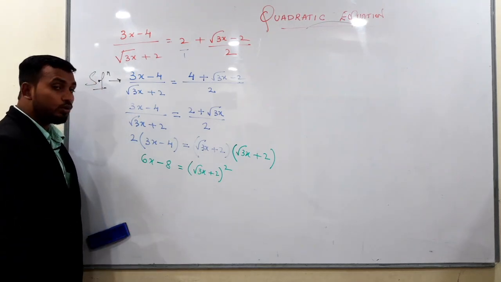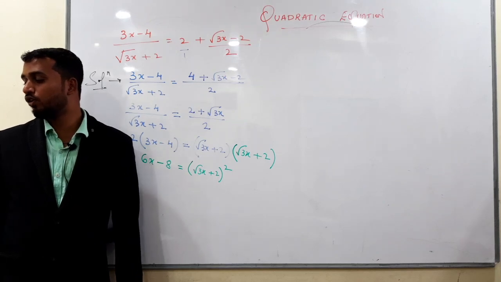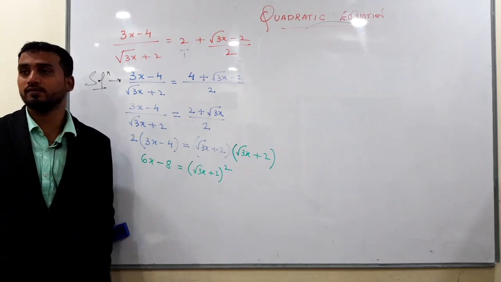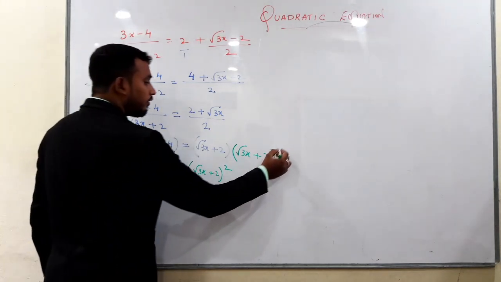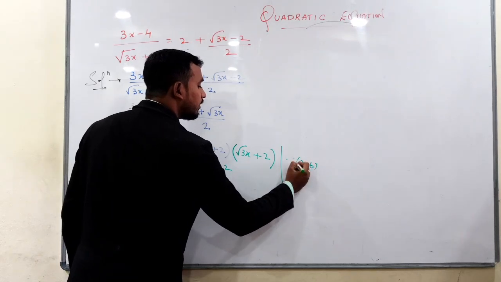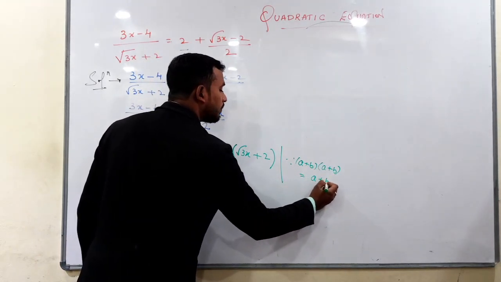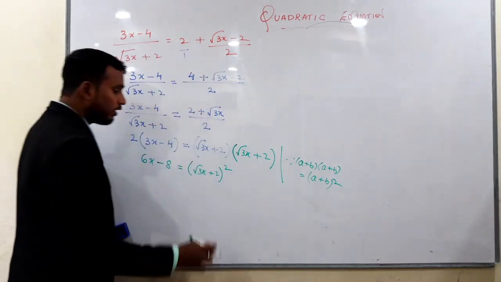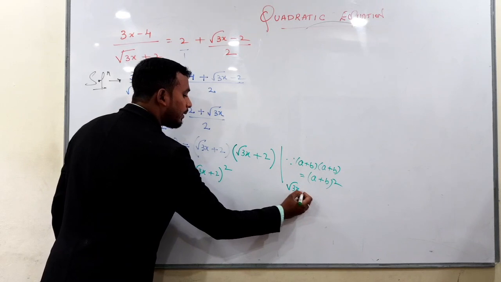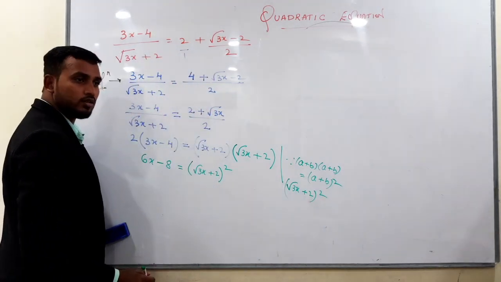So what shall we do? What step do we have to follow here? Simple, we have to solve (a plus b) whole square. Here we know that (a plus b) into (a plus b) is (a plus b) whole square. Now here we can see this part is in the form of (a plus b) whole square, right?